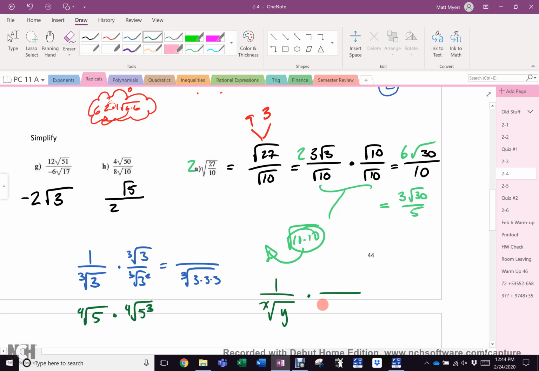What would I have to multiply here? Look at the previous examples and synthesize some information. You're intelligent young people. You do not need a fat old man at the front of the room telling you everything. You're smart. Look at what has already happened and figure out what this is going to be.